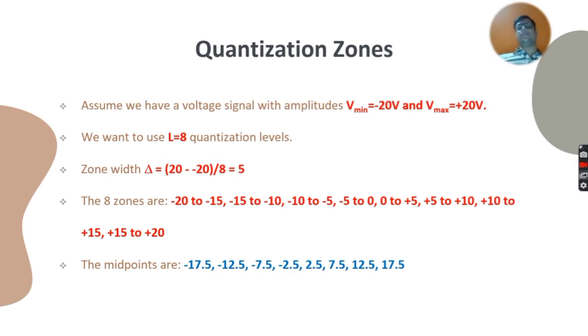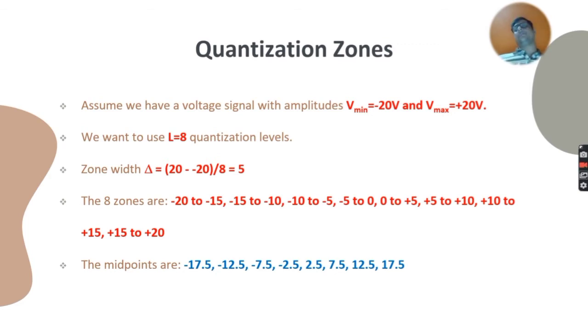As you can see, the space between minus 20 and minus 15 is 5. Similarly, 15 to 20 is also 5. So these levels are equispaced at a step size of del, which is equal to 5.